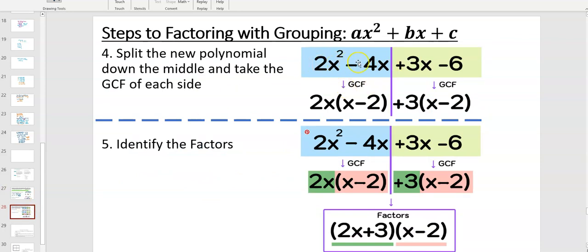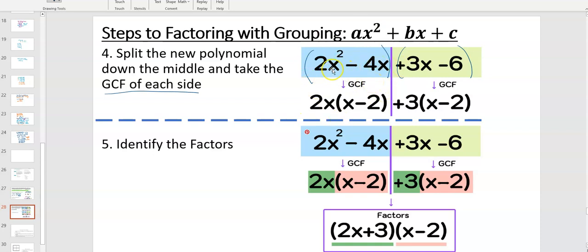Now here we have the same thing from the last page, this new polynomial, but now we're going to split it down the middle. Okay, this becomes one term, this becomes another. And we are going to take the GCF of each side. So we took this combination right here, and we found the GCF.